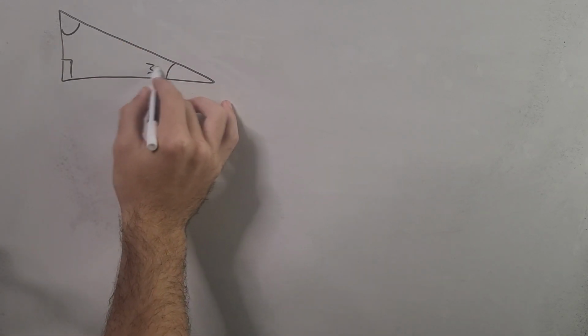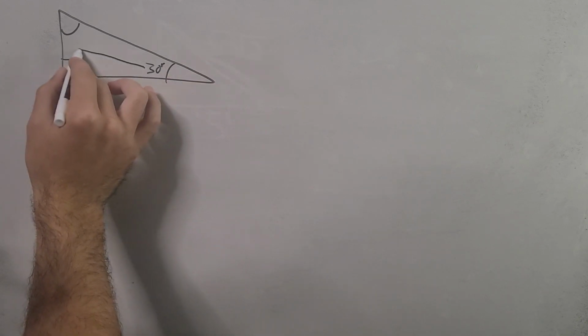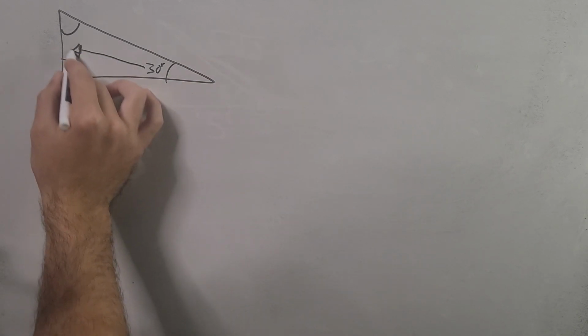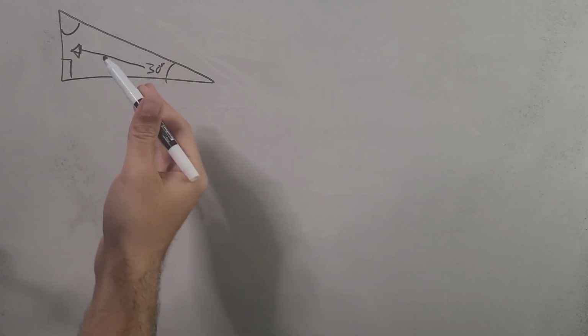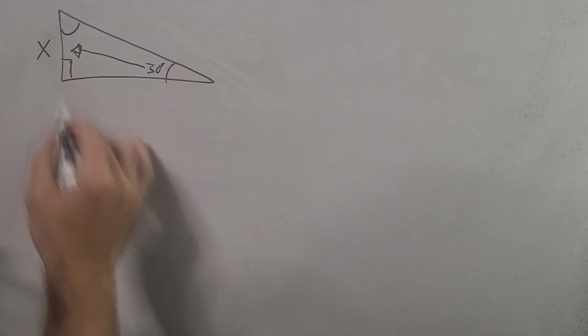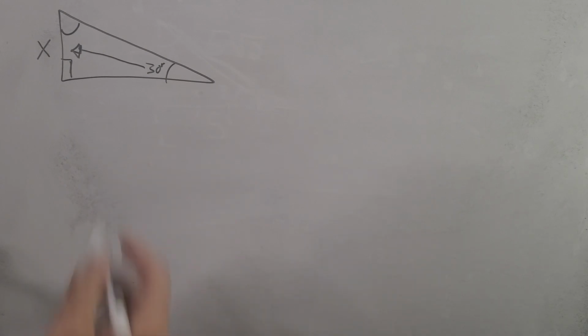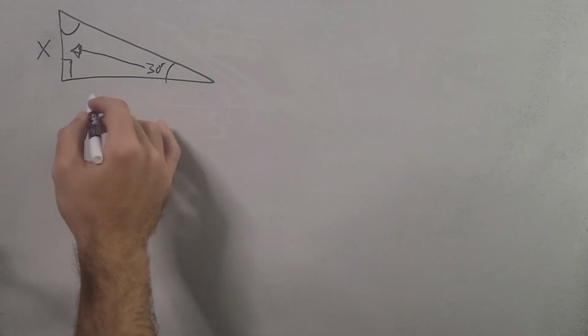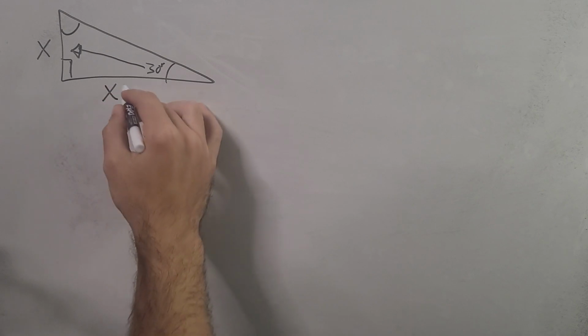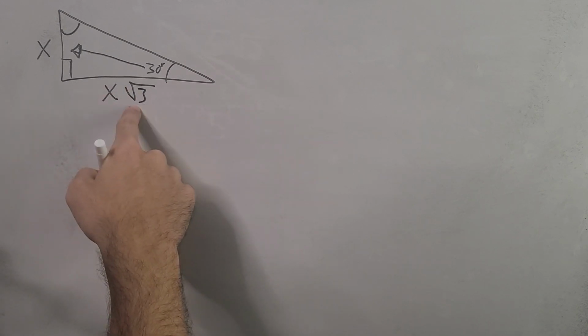The 30-degree angle has to be across from the smaller side. And then we know that the smaller side is always x. You don't want to put the longer side as the x value. Now, if this is catching you off guard or if you're getting stuck on this, understand that we have x times the square root of 3.